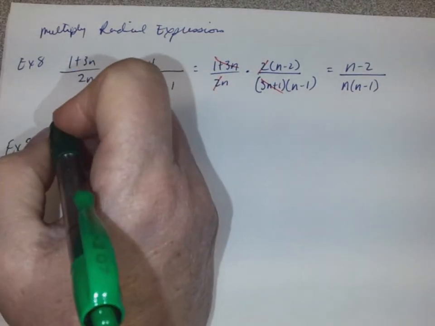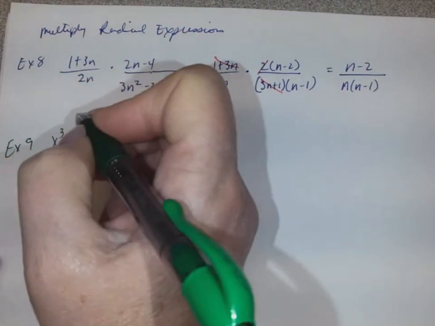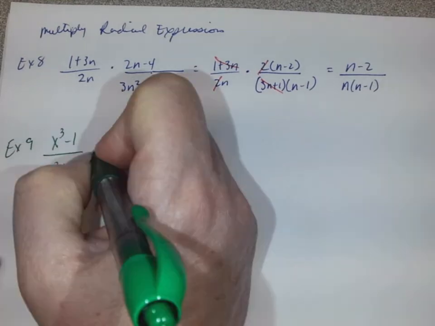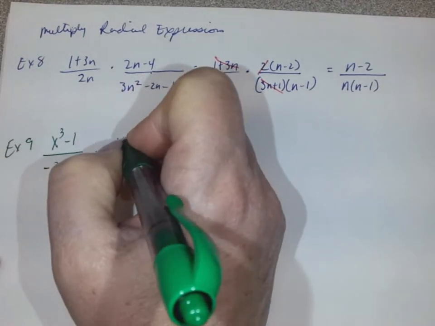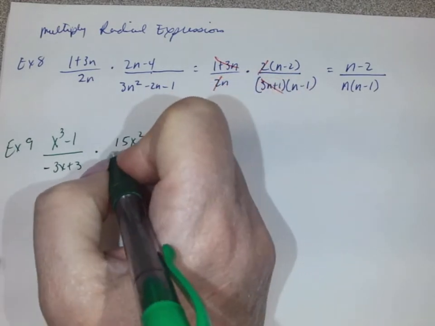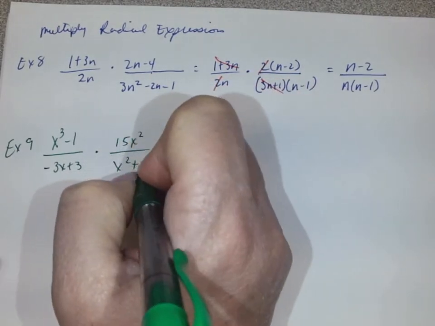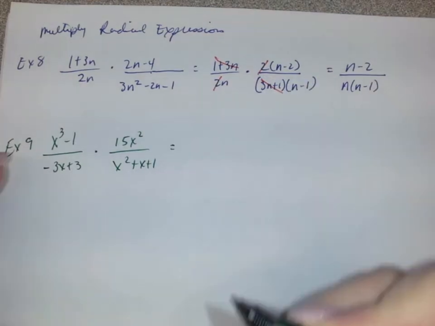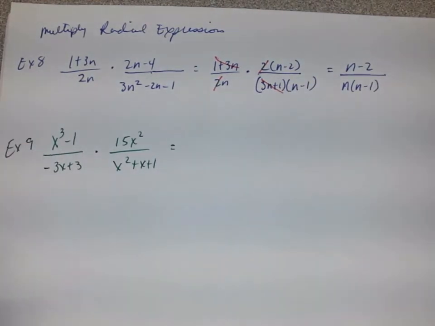Our next problem, we have x cubed minus 1 over x plus 3 times 15x squared over x squared plus x plus 1. All right, so here we have the difference of cubes.